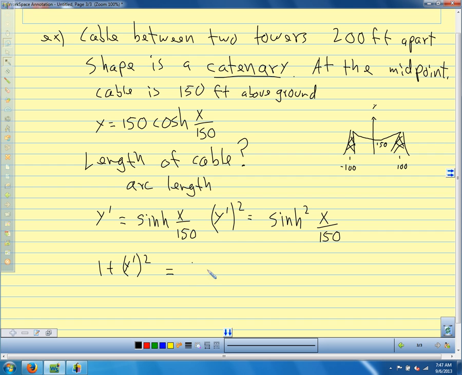So we get 1 plus sinh squared of x over 150, which, thank goodness, equals what? What is it? Cosh squared. So cosh squared of x over 150. So this one works out nicely. We have a nice integral that we're evaluating.